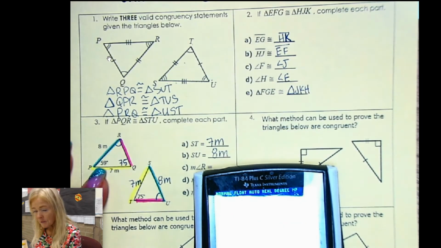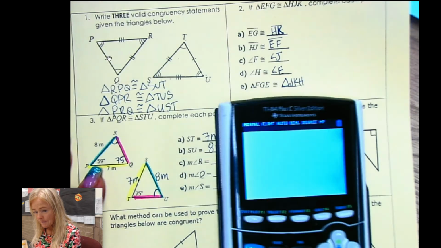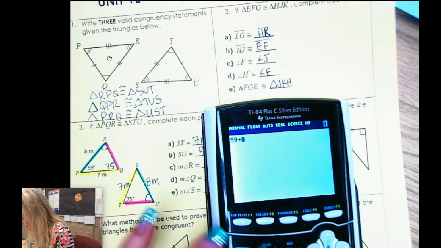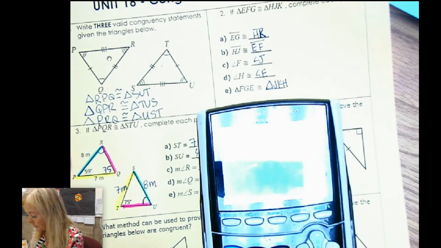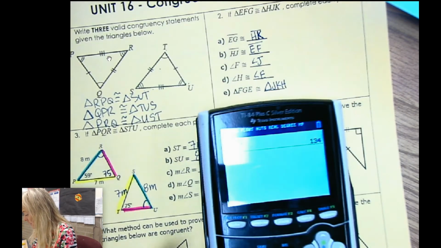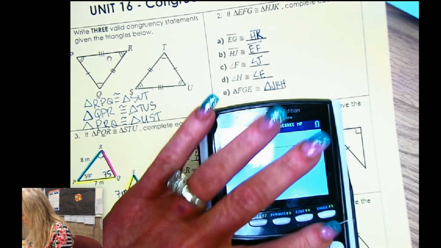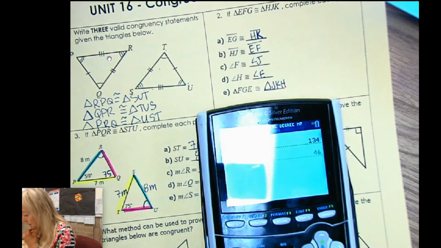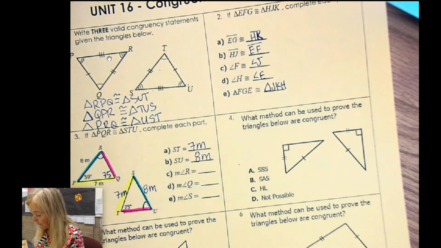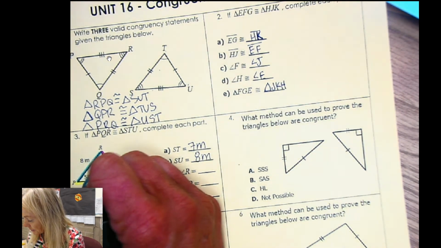So we're going to do 59 plus 75, and that's 134. And then 180 minus 134 to get that other angle. So 180 minus 134 is, if you can see that, 46. So 46 is that other angle.